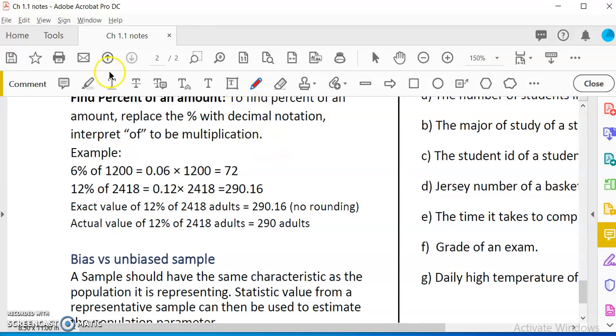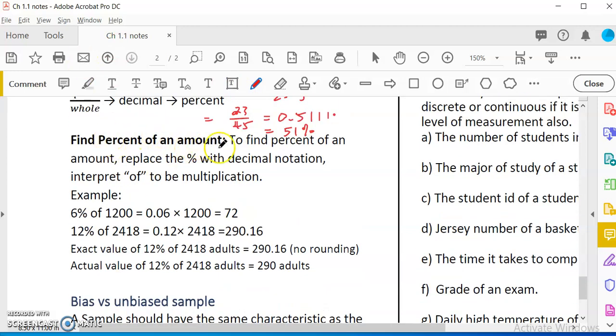What about finding a percentage of an amount? So 6% of something. If you know your percentage, and this is the whole number, what you do is you multiply. You change the 6% into a decimal, and then you multiply by the whole. Okay, 6% of 1200.